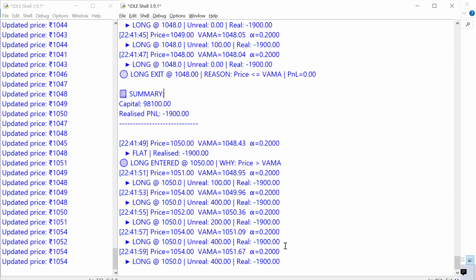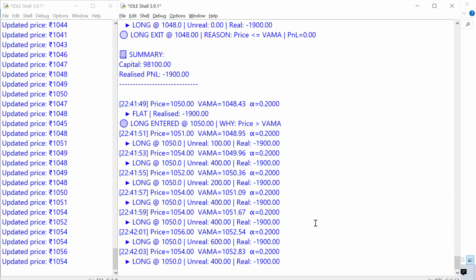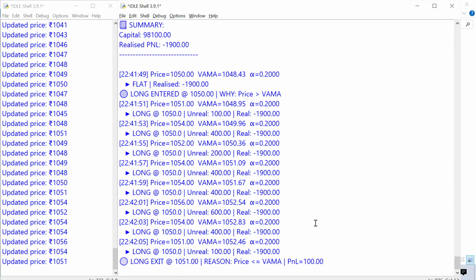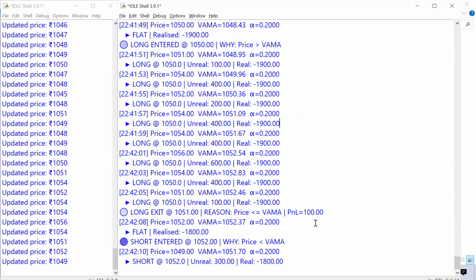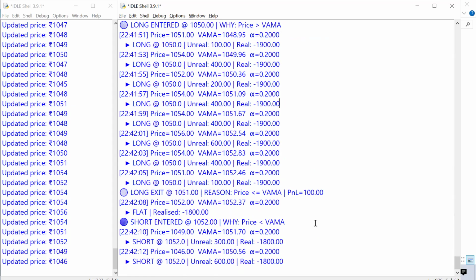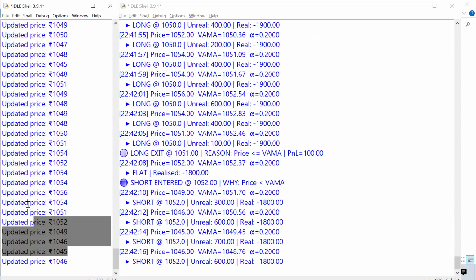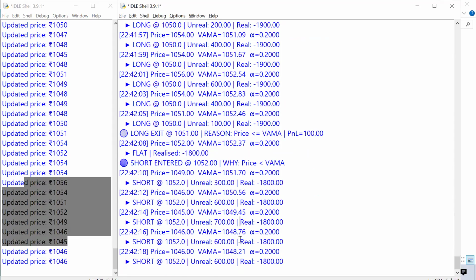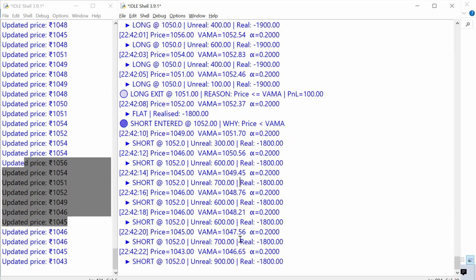I'm just waiting, otherwise either it should become 0, or at least it should reach minus 5,000. Algo is going to stop at minus 5,000. But it won't allow you to go negative. If the market is trending in one side, it is going to give a very good profit. I've seen many times. It gives very good profit.